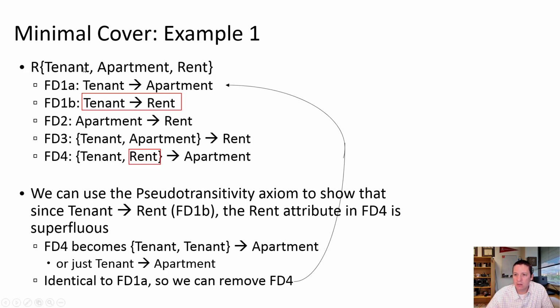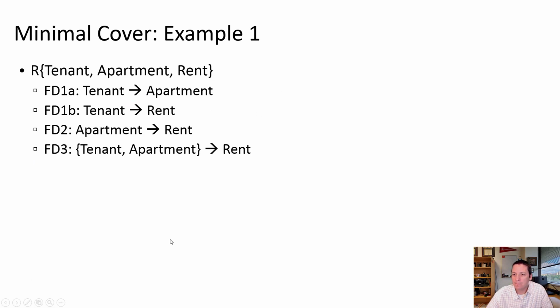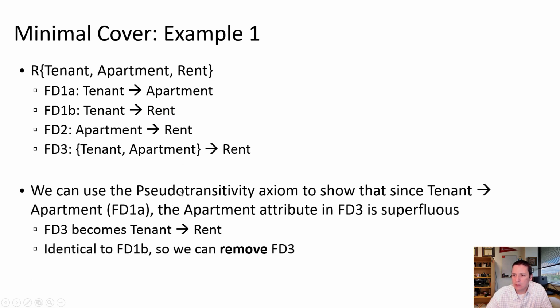Well, turns out that's already what functional dependency 1A is. Tenant functionally determines apartment. So functional dependency 4 is really saying the same thing that FD1A is saying. So that's just a superfluous functional dependency, and we can eliminate that because we're already capturing that in FD1A. So now we're down to this, and let's use pseudo-transitivity again.